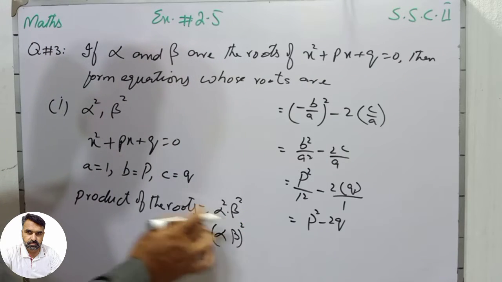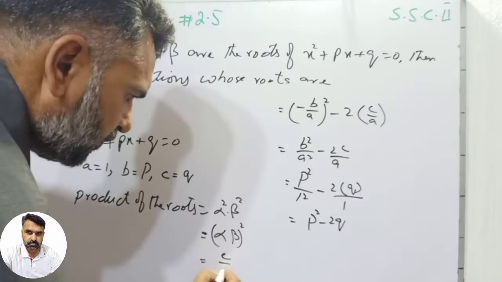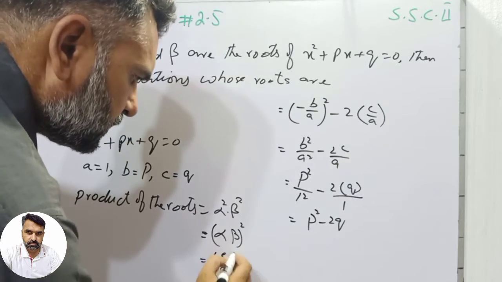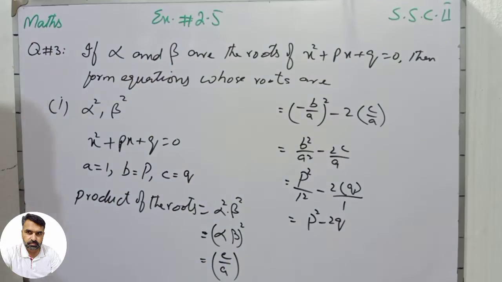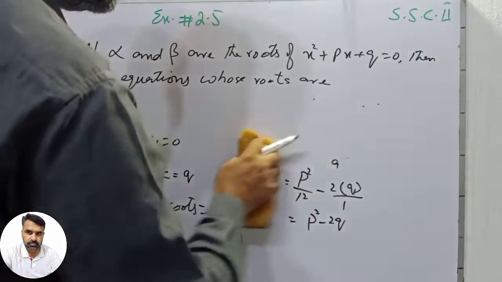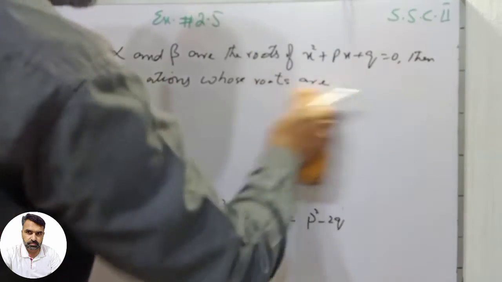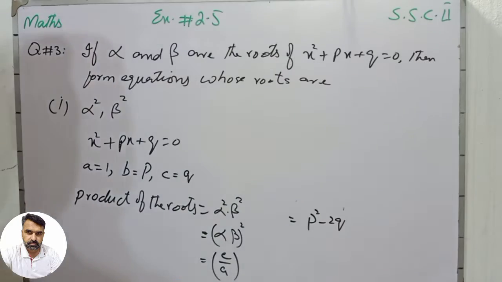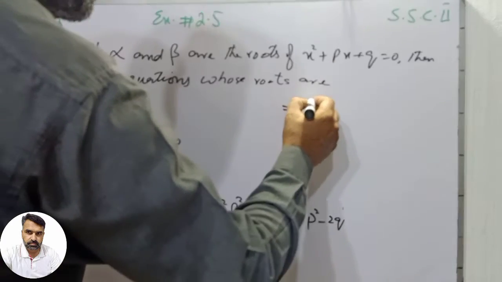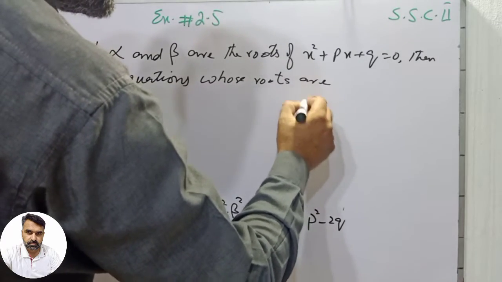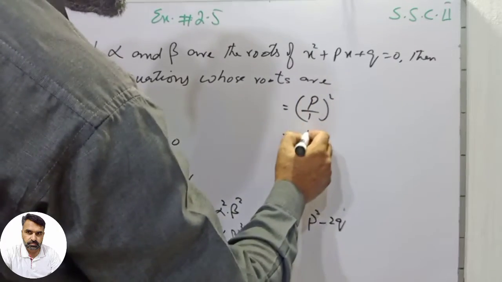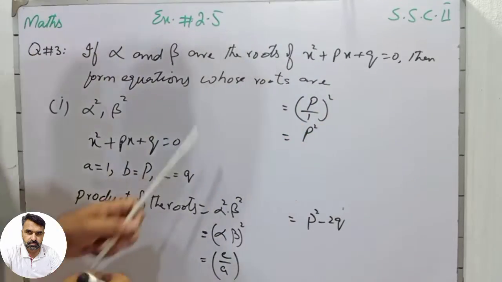Alpha beta means product, and product is c over a whole square. And students, the value of c is q, whereas the value of a is 1, so we will have p over 1 square.